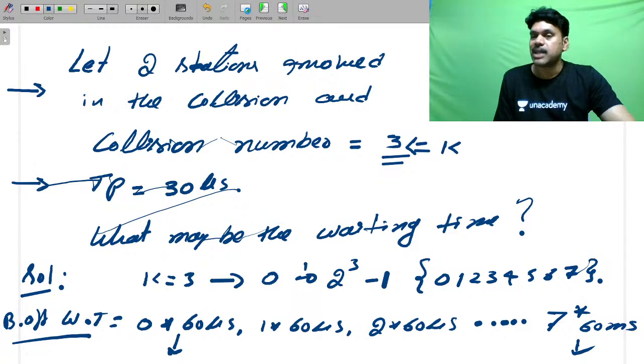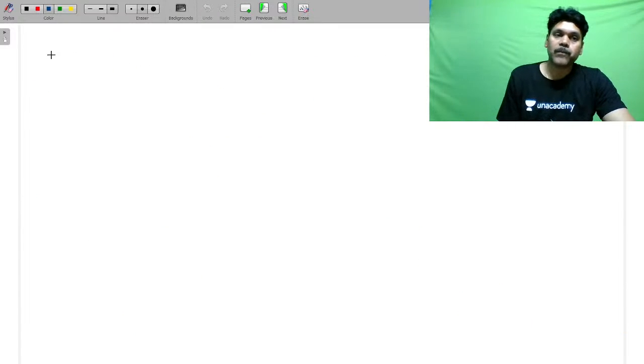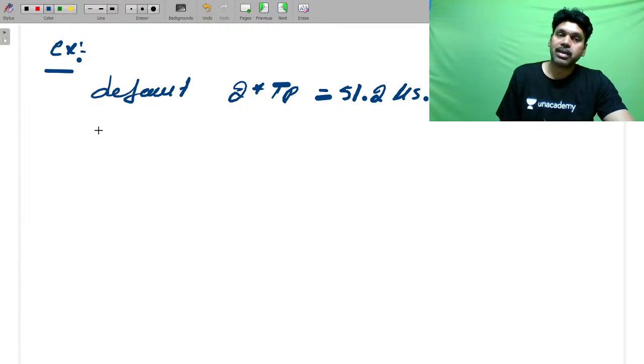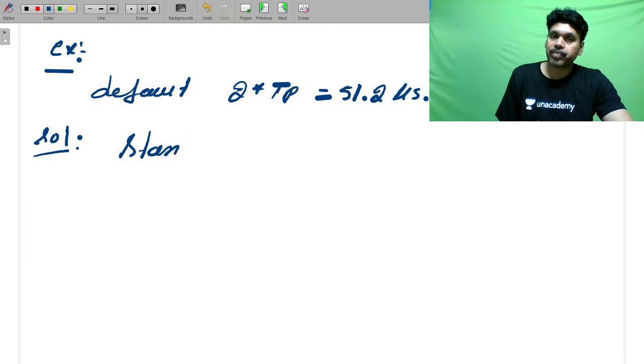So I said that the default is 51.2 microseconds. Default round trip time, I said, is 51.2 microseconds. How did I get it? This is according to standard Ethernet, basic Ethernet.